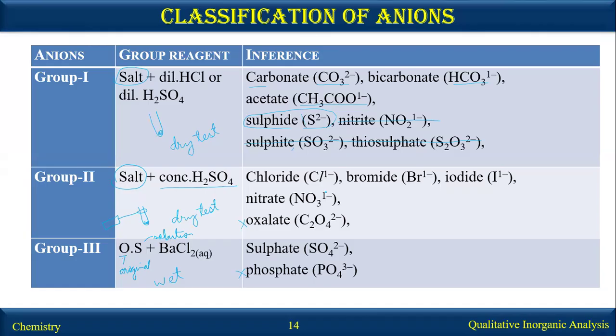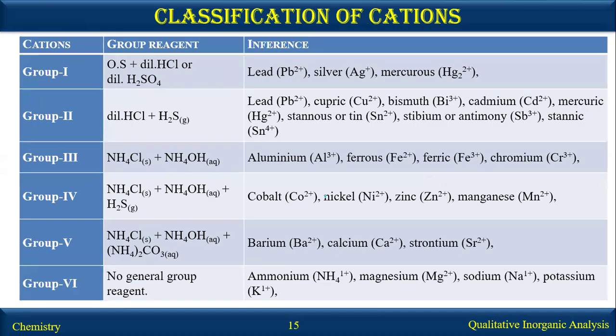So you have to watch the other videos as well. This is just an introductory video. Now, the classification of cations. Cations have been classified into 6 groups. These are not the groups of the periodic table. These are the groups of inorganic analysis.